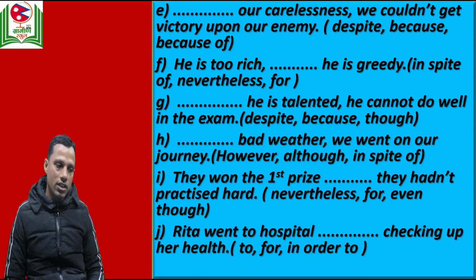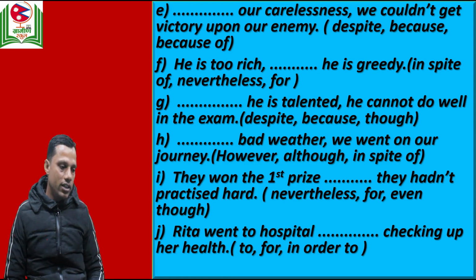Yes, you're right. If there is a noun phrase after the blank space, we can use either in spite of or despite. So you can choose this one as the right option. In spite of bad weather, we went on our journey.